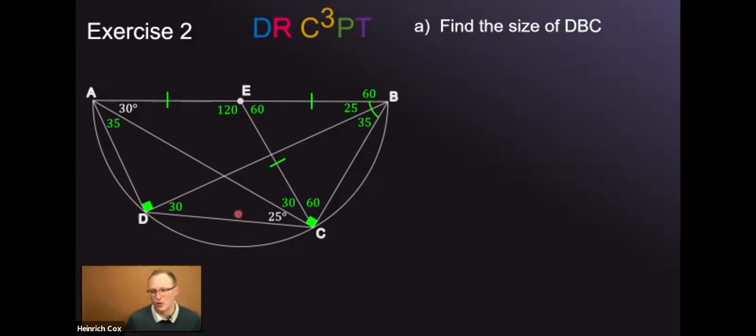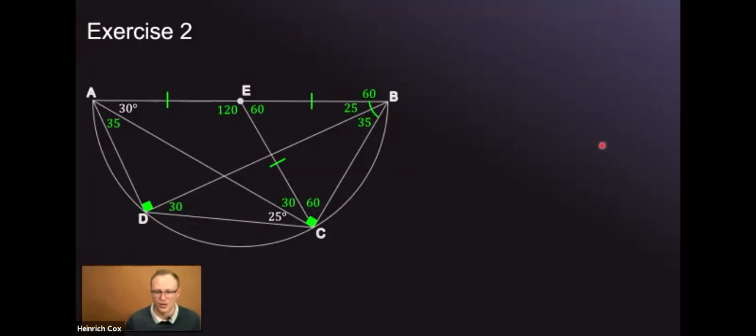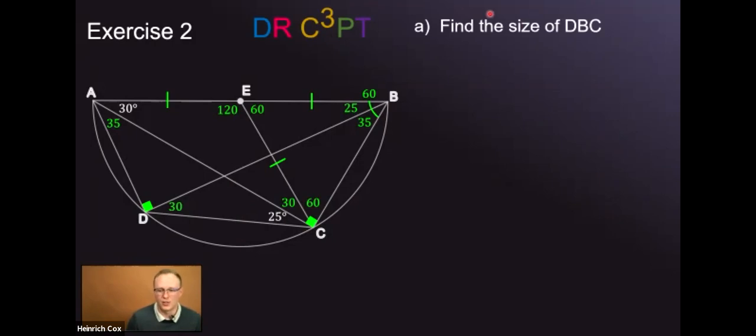And then at this point, we found almost all of the useful angles that are out there to find, right? Which means that we're probably at a point where we can easily go and answer this question here, where we've got to go find the size of DBC, right? Because as we said, simply having a lovely annotated diagram isn't enough. We need to be able to indicate how we got where we got, right?